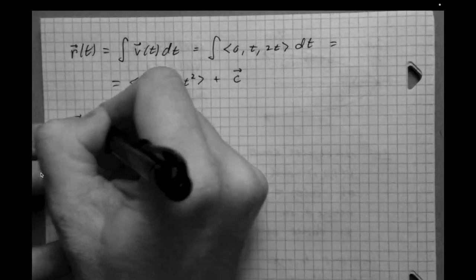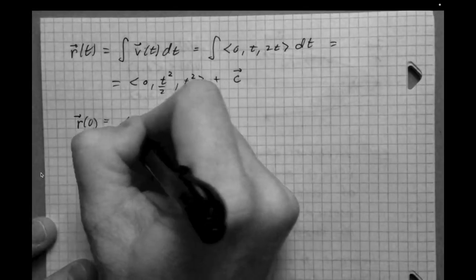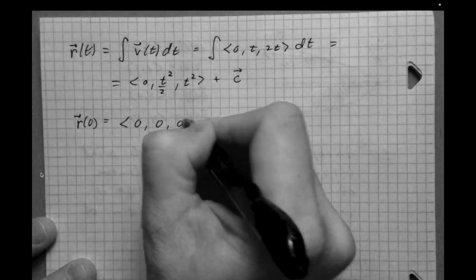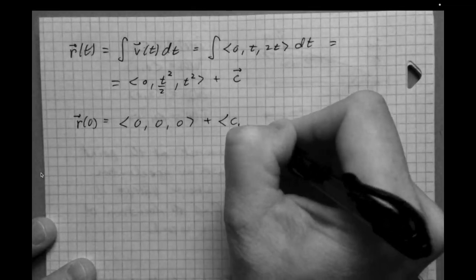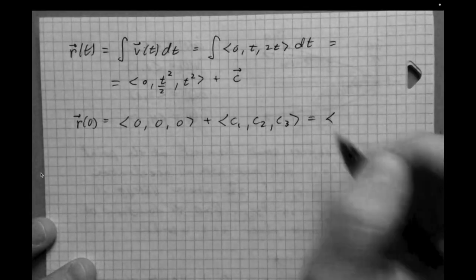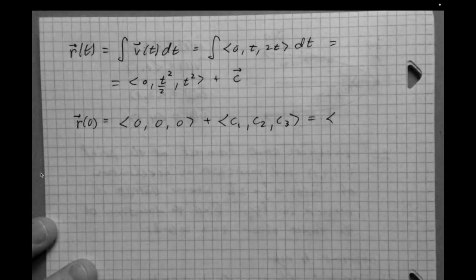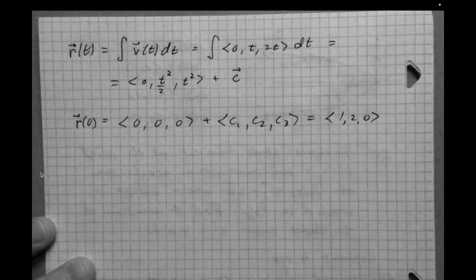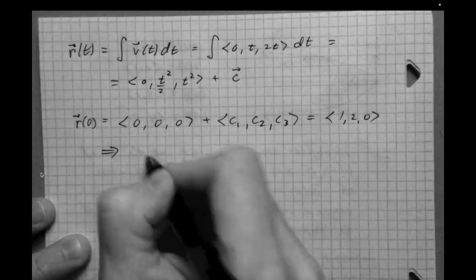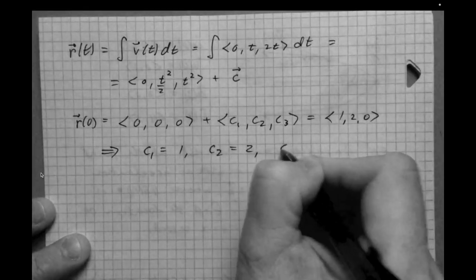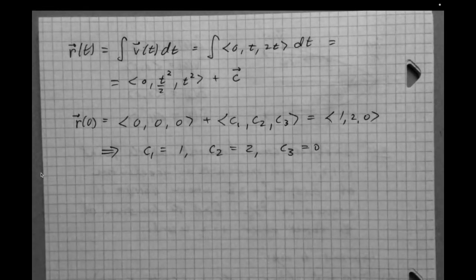So r of 0 is going to be equal to 0, comma 0, comma 0, plus c1, c2, c3. That needs to equal the initial position of the particle. We're told that it is initially at 1, 2, 0. It's sitting there. And so what does that mean? That means c1 is equal to 1, c2 is equal to 2, and c3 is equal to 0.